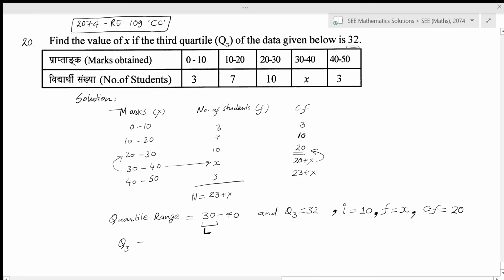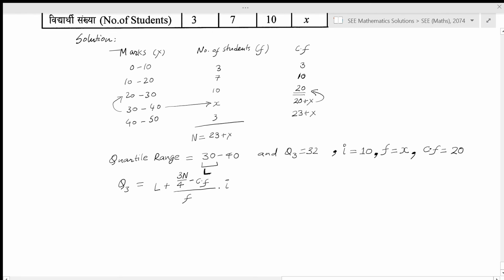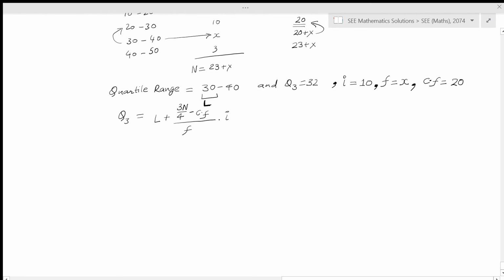So from the formula, Q3 is equal to L plus (3n upon 4 minus CF) upon f times I, right? So this is the formula, and now let's put the values here.